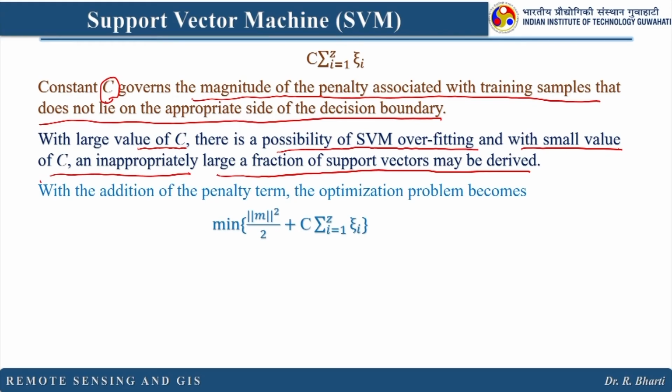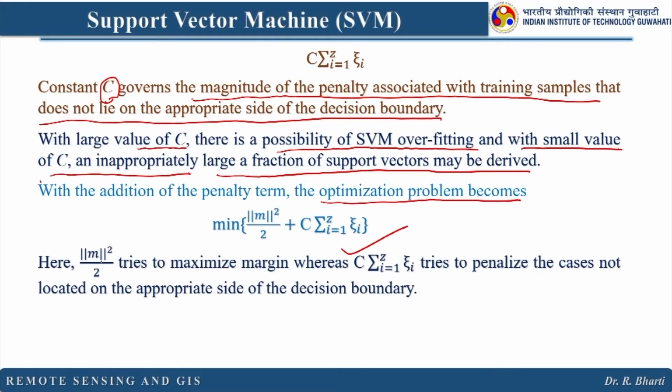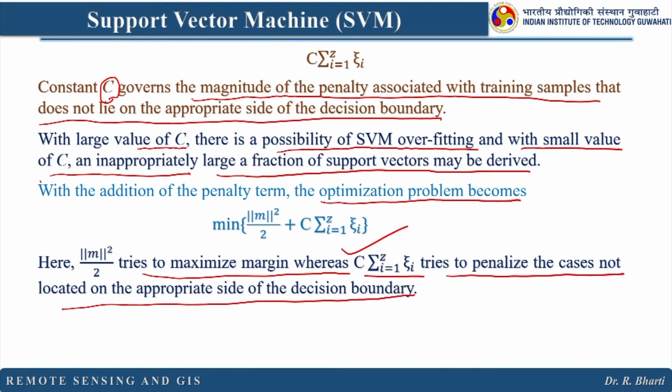With the addition of the penalty term, the optimization problem becomes this, right. Here the norm w square by 2 tries to maximize the margin, whereas this term tries to penalize the cases not located on the appropriate side of the decision boundary.